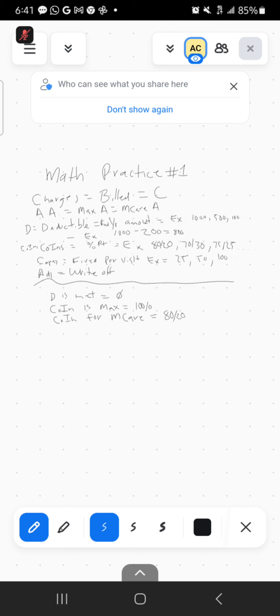Some examples that I'm going to show you are going to say it's a Medicare patient, but then they give you a different co-insurance. So if they give you a co-insurance, you're going to use the co-insurance that they give you. If they don't give you the co-insurance and it only says Medicare, you're going to use 80-20. I can give you only the percentage for the patient, and then you have to calculate the other one. That also happens.